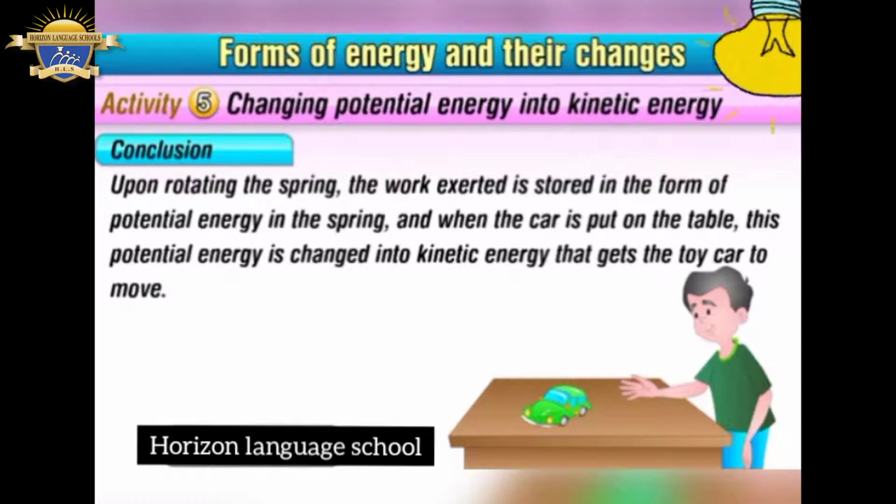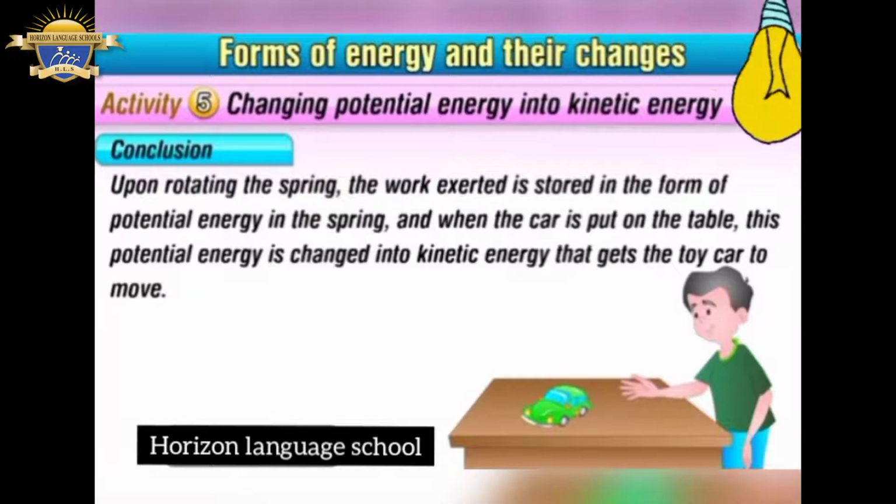So, conclusion: upon rotating the spring, the work exerted is stored in the form of potential energy in the spring. And when the car is put on the table, this potential energy is changed into kinetic energy that gets the toy car to move.